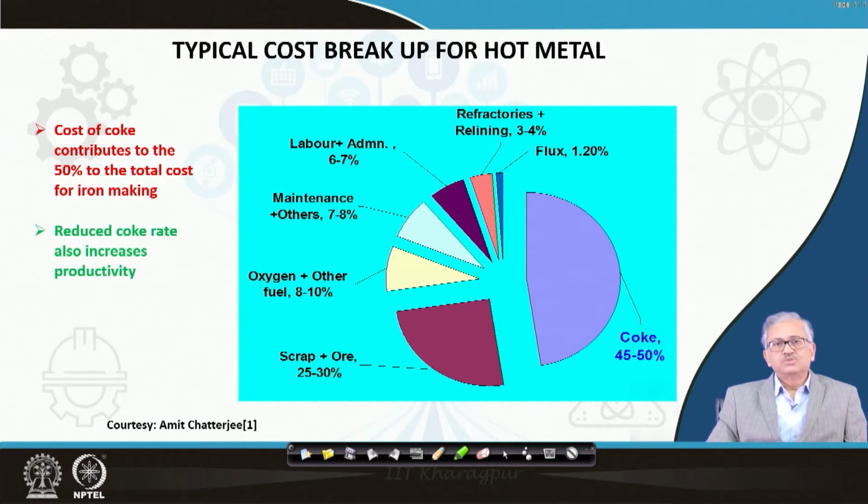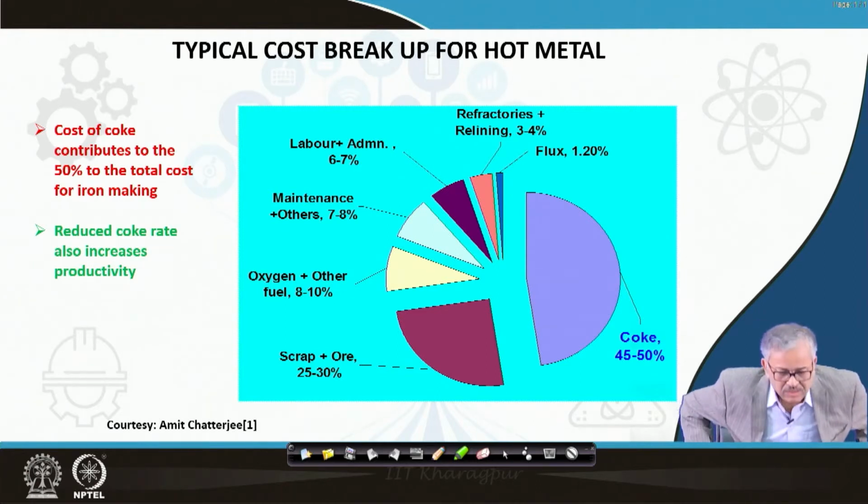Initially the blast furnace used to operate with 700, 800, even 1000 kg, that is 1 ton of coke per ton of iron produced, long before, and after that it has decreased significantly, and today the coke rate is only about 350 kg per ton of hot metal.